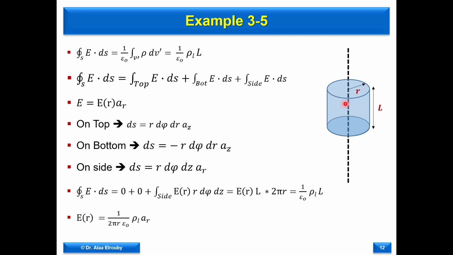What is the total charge enclosed by this cylinder? It's rho L multiplied by the height of the cylinder, L, and everything is divided by epsilon naught. This closed surface actually has 3 surfaces: top, bottom, and side.